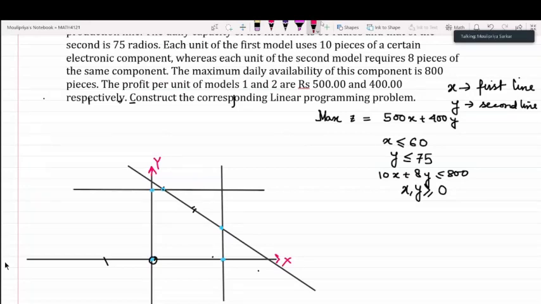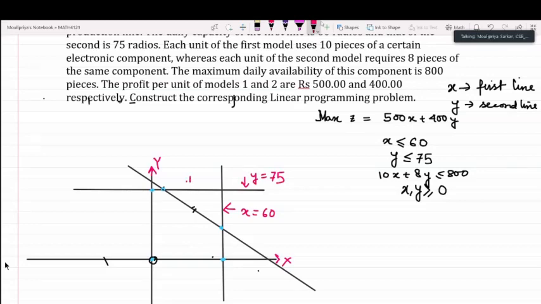Which is the region, can you tell me, that is satisfied by all the constraints together? This one would be x equal to 60 and this one would be y equal to 75. Am I right?